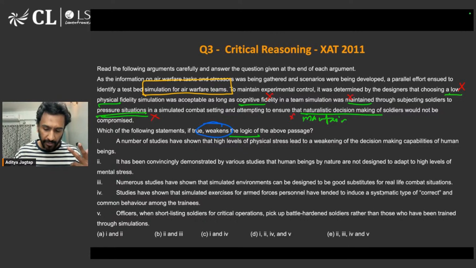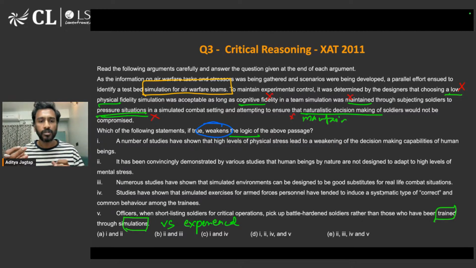Option five would be neutral or unrelated because it's comparing simulation trained soldiers to experienced soldiers. The passage is trying to tell us how to train someone. We are not discussing between experience and training which is better. Option 5 is telling us experience is better than training.